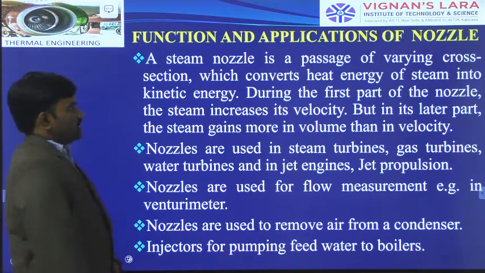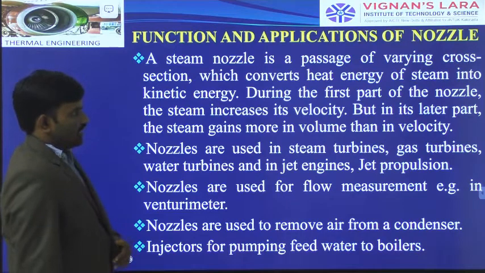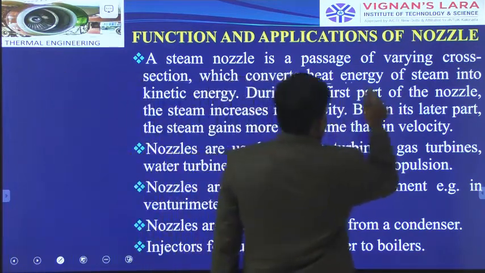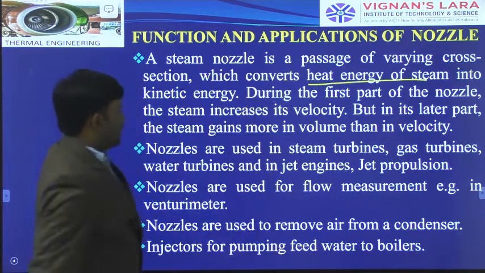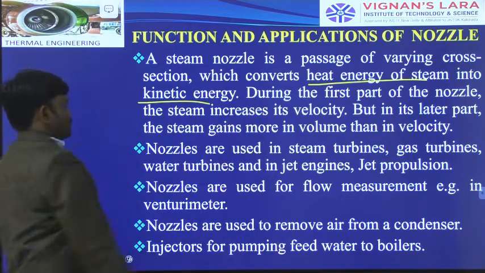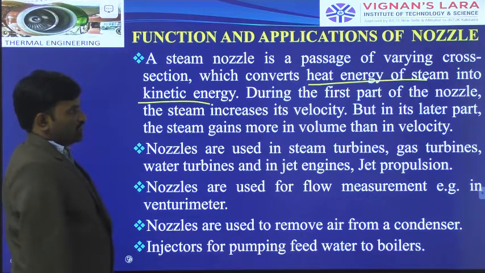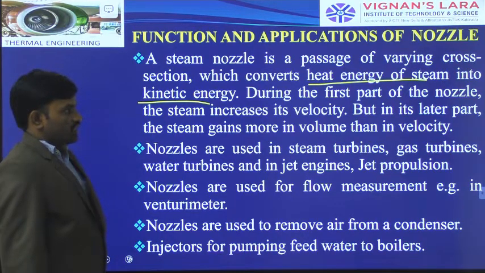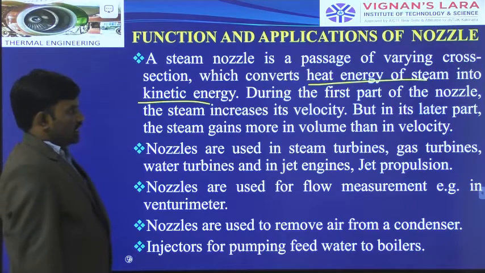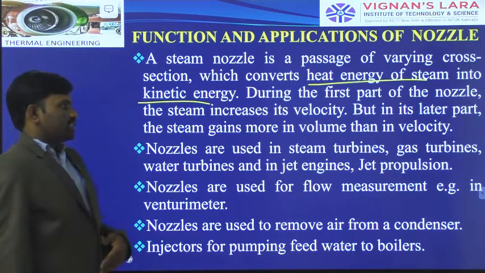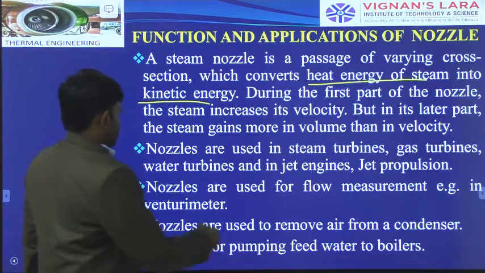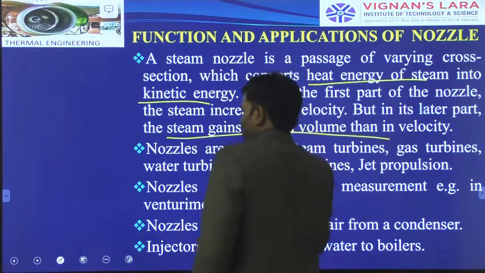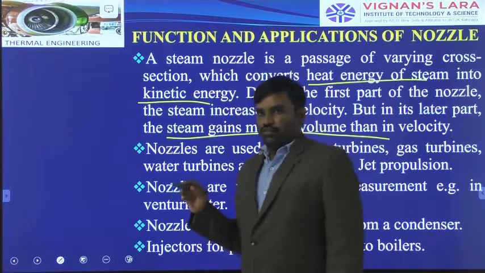A steam nozzle is a passage of varying cross section which converts the heat energy of steam into kinetic energy. During the first part of the nozzle, the steam increases its velocity, but in its later part, the steam gains more in volume than in velocity.